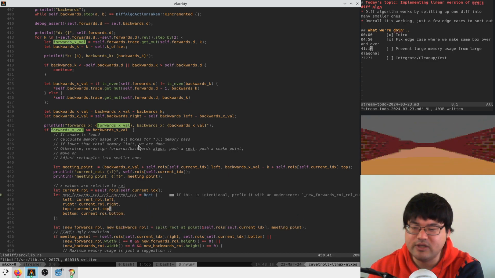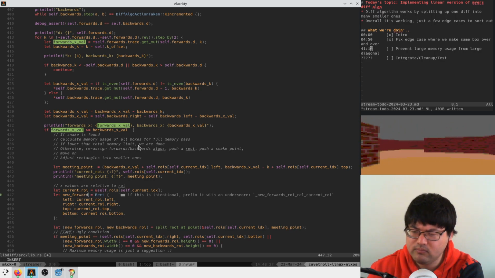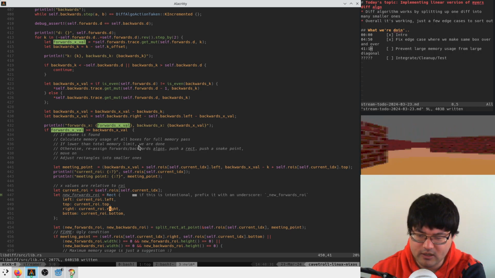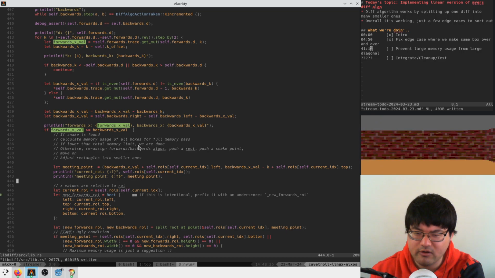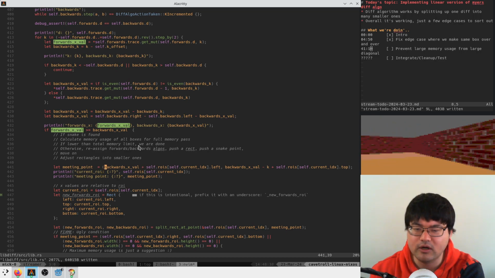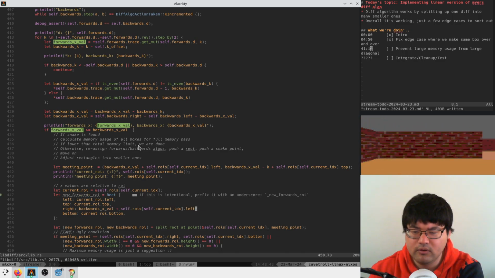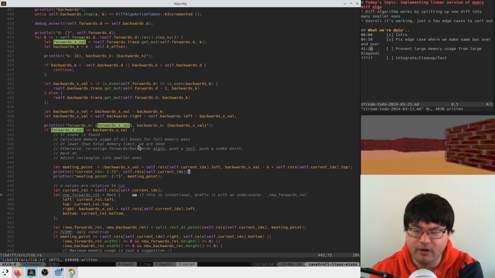And what's actually happening here? We want to limit the bottom right on the forwards ROI. We want to limit the bottom right to be where we were on the backwards path. So the right is going to be the backwards X val. And bottom is going to be this.